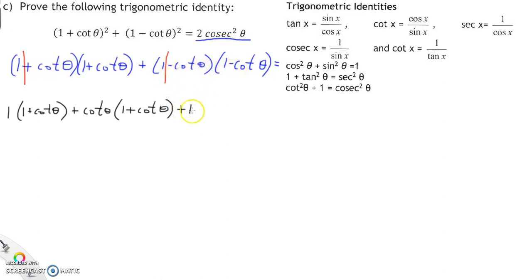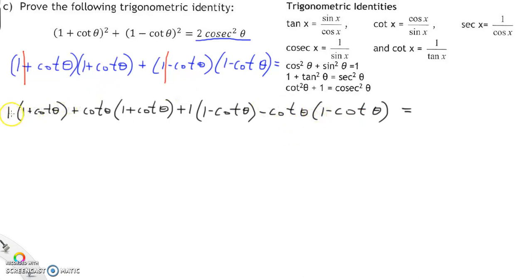It's going to be 1 times the entire second bracket, 1 minus cotan theta in this case. And then the second item is a minus cotan theta, and we'll be multiplying that again by the entire second bracket, 1 minus cotan theta, and stick in our equal sign.